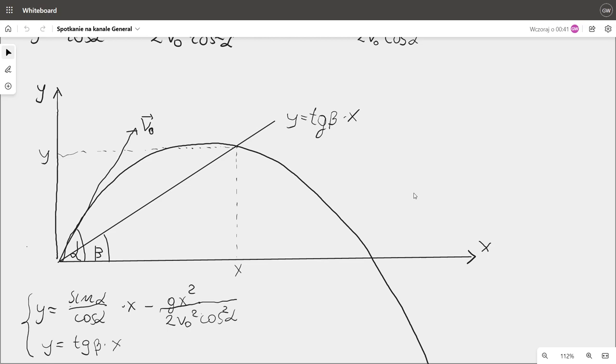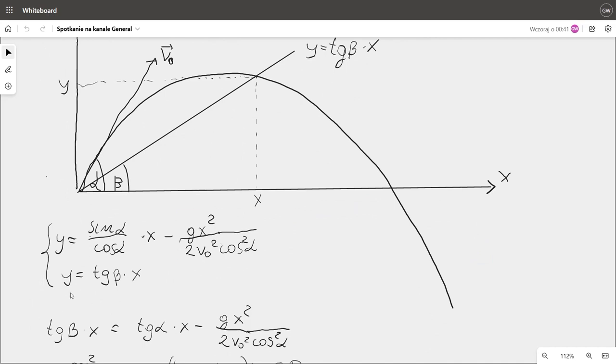So the equation of the hill is y equals tangent beta times x. You have it here too.